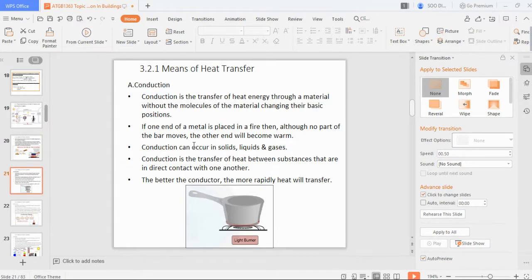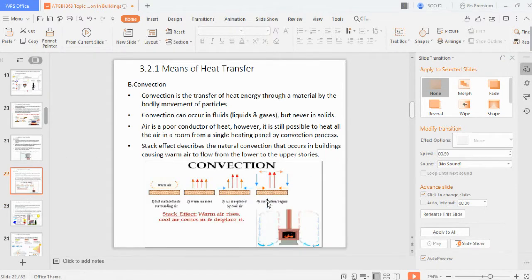Conduction is a transfer of heat energy through a material without the molecules of the material changing their basic position. So it's a transfer of heat by direct contact. The better the conductor, the more rapidly heat will transfer.